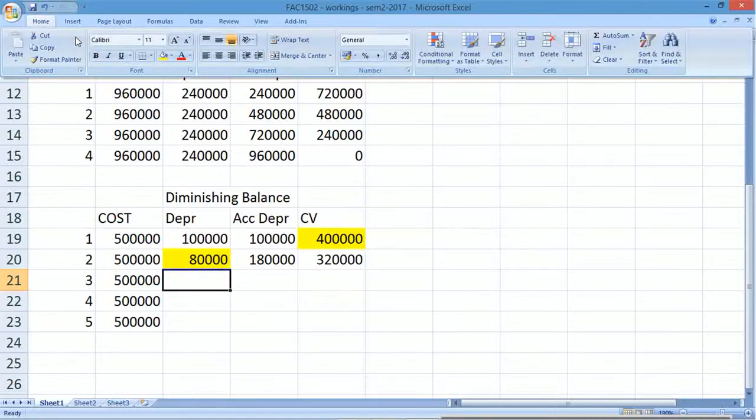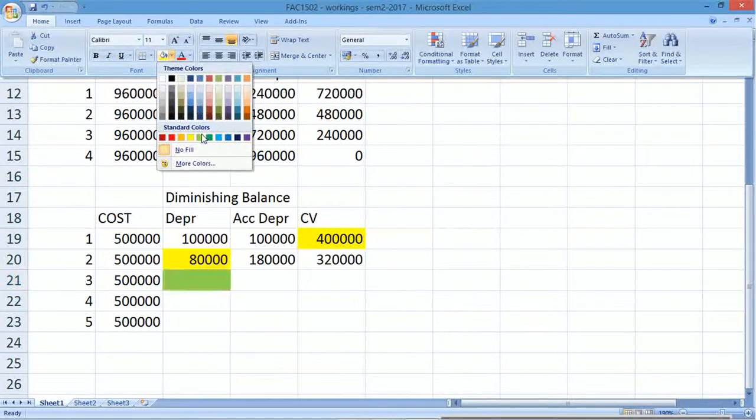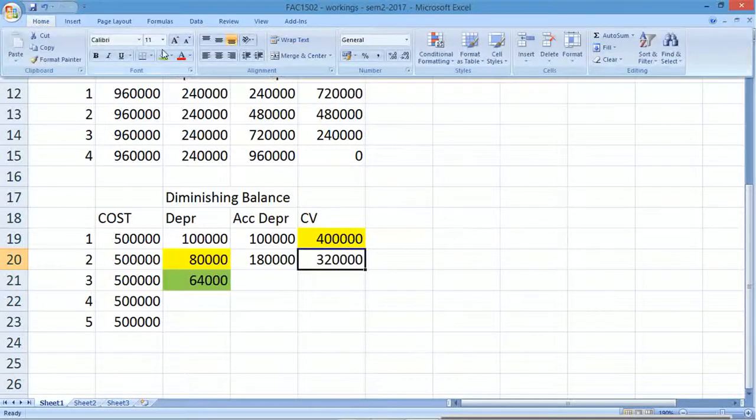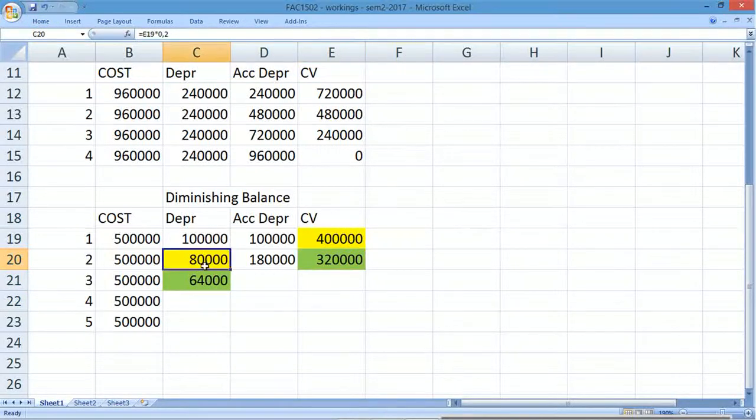What is this depreciation calculated on? Correct. Times 20%. Okay, gives me depreciation, gives me that answer.